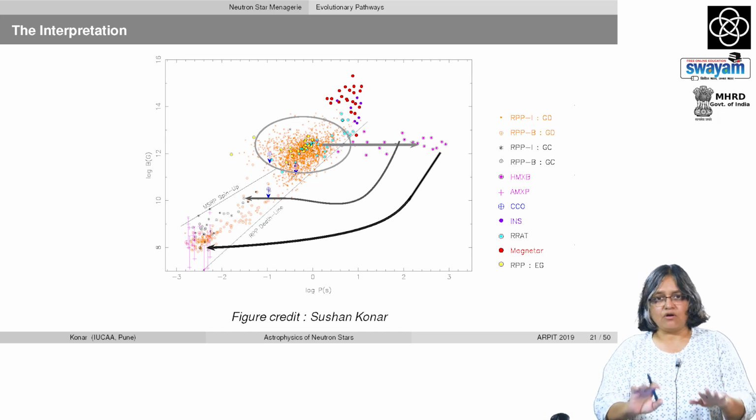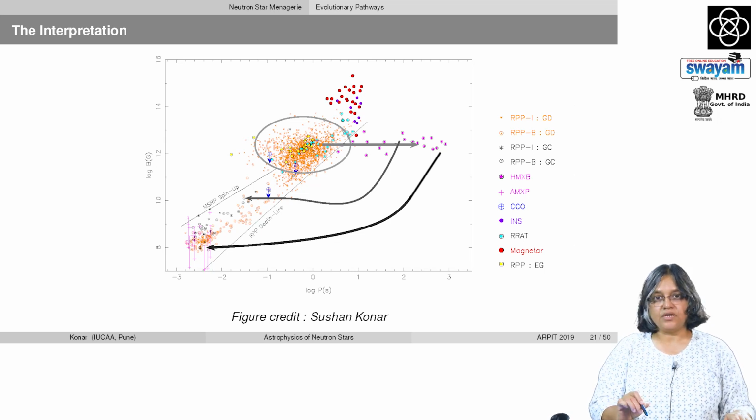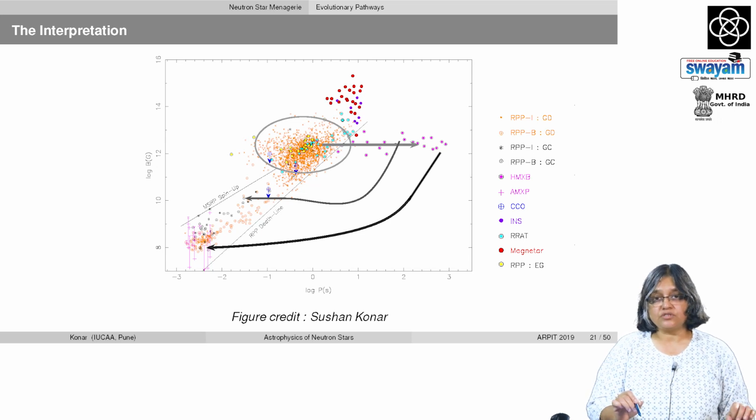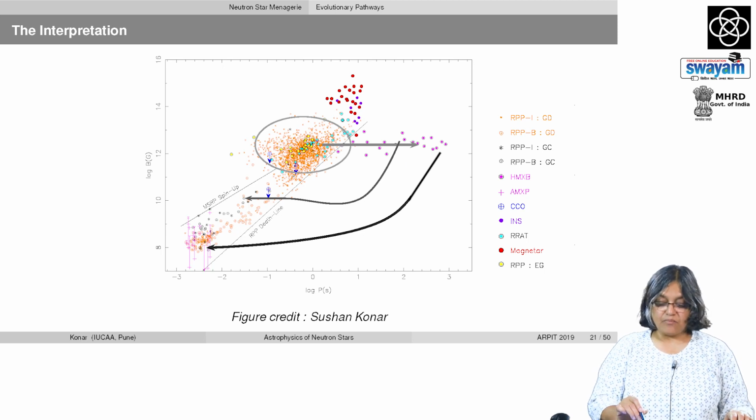So, the interpretation of all these hypotheses is this: we have the main island of the ordinary radio pulsars, which we believe are the characteristics of neutron stars with which they are originally born. Then they slow down and no longer act as radio pulsars. They are visible only if they have a companion and are sitting in an X-ray binary, and then they are visible as X-ray pulsars.